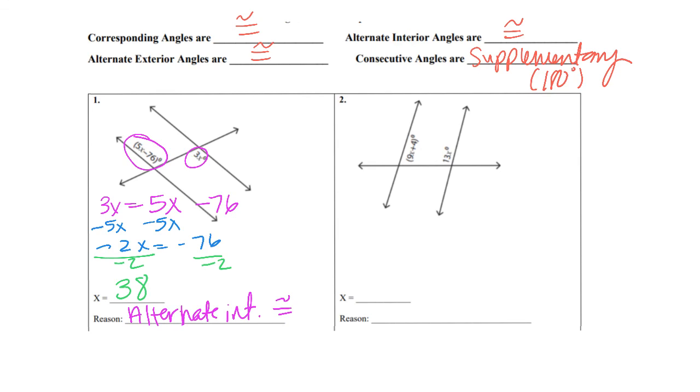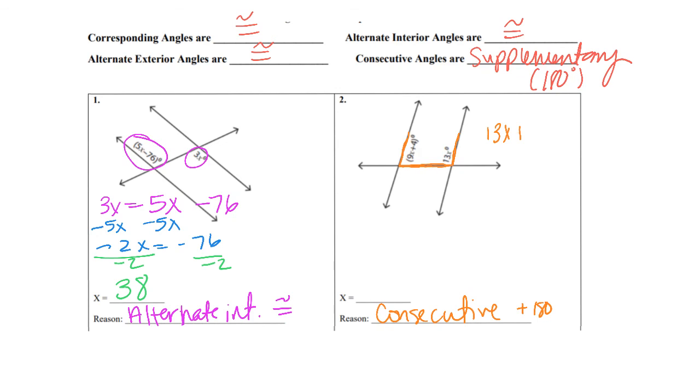So identifying the angles is half your battle here. So that's what you want to look at first. What type of angle are they so that I can figure out what mathematical equation to use? All right, look here. They are inside the parallel lines and they are on the same side. So they are going to be consecutive angles. So they add to 180. So I'm going to take them and add them up to 180.